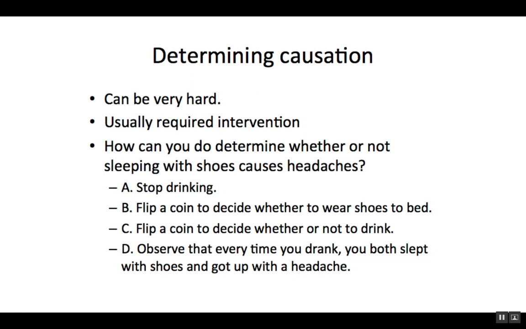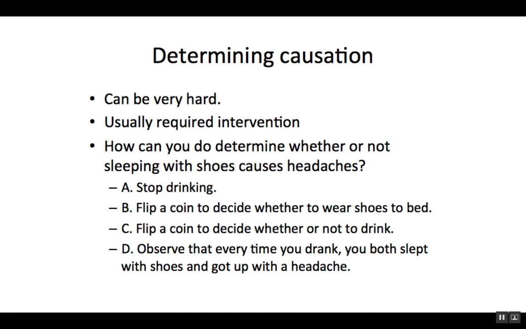So determining causation can be very hard, and usually it requires that we intervene. We somehow change the situation in order to see what causes what. So how can you determine whether or not sleeping with shoes causes headaches? Here are several options.